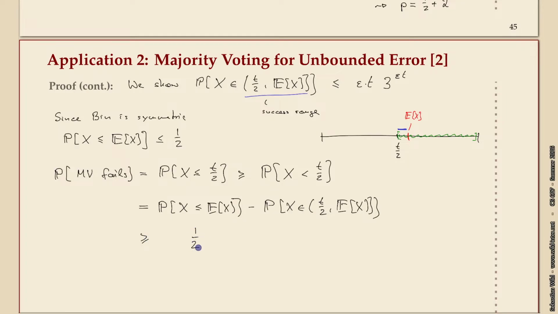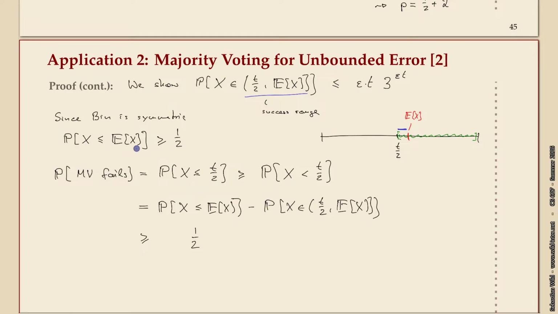It's essentially 1/2. So this should be greater or equal. And if the random variable is symmetric, you have exactly the same mass left and right of the expected value, but because it's discrete, the expected value itself could have non-zero probability.